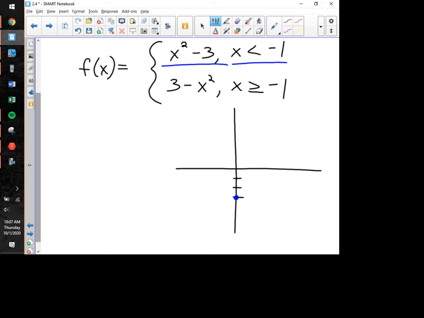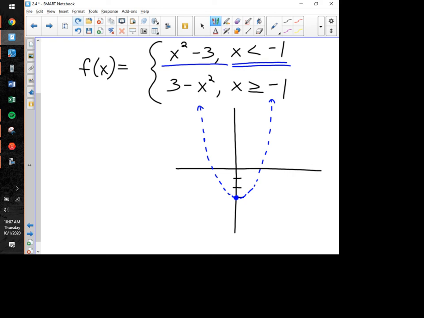So maybe what I should have done a moment ago is just draw the upward opening parabola with a dashed line looking something like this. And now I go back and I solidify that dashed line for x values that are less than negative 1.